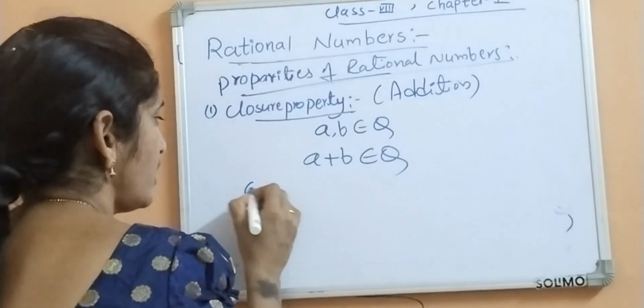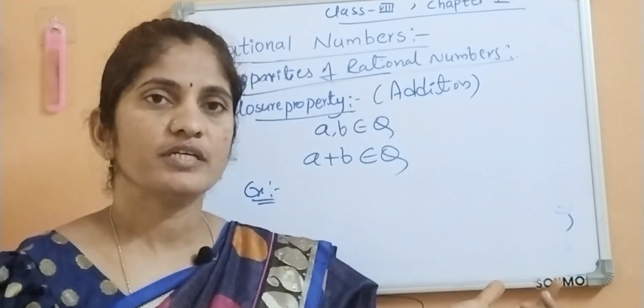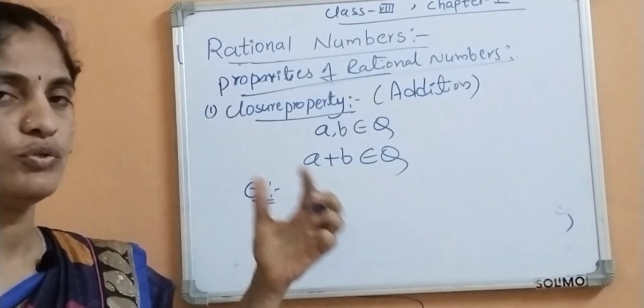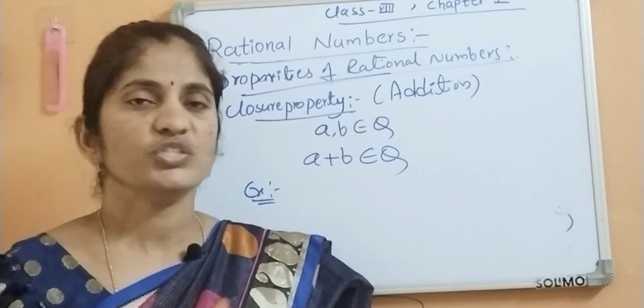For example, if we take any two rational numbers. We already checked closure property in whole numbers and integers. Whole numbers and natural numbers are also rational numbers.